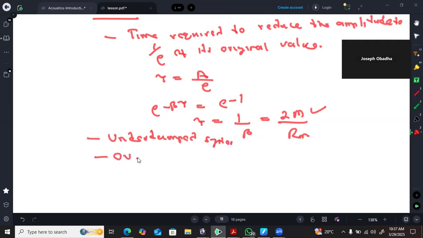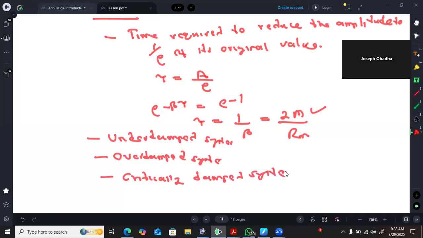Overdamped system. Then critically damped system. Critically damped system.